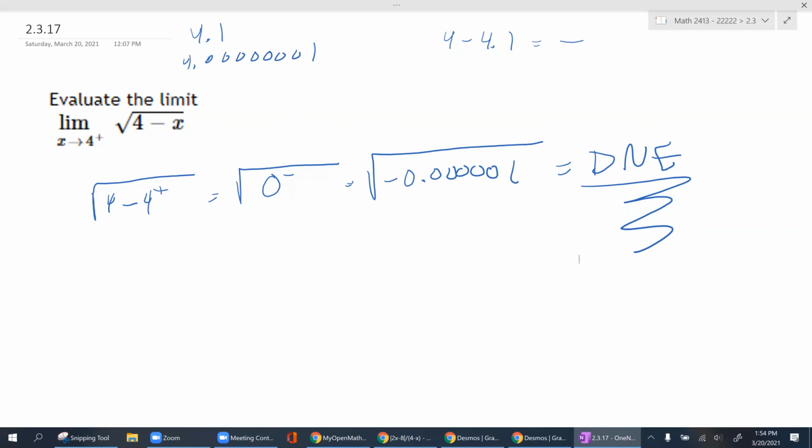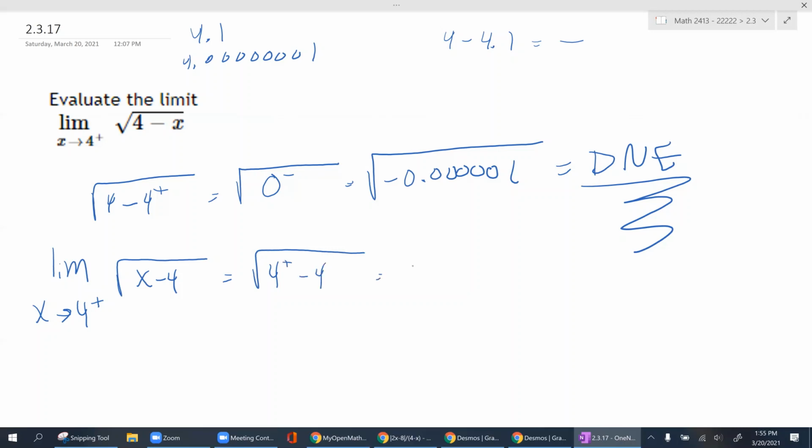So let's just say I had asked you the limit as x approaches 4 from the right of the square root of x minus 4. If you see here, order does matter. I'm going to apply my limit, and this is 4 slightly larger minus 4.